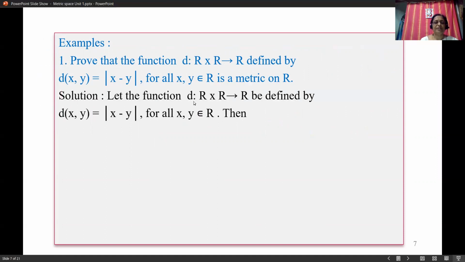Let the function D from R cross R be defined by this, and we have to prove that this D is a metric.